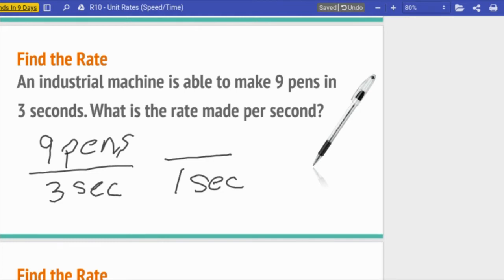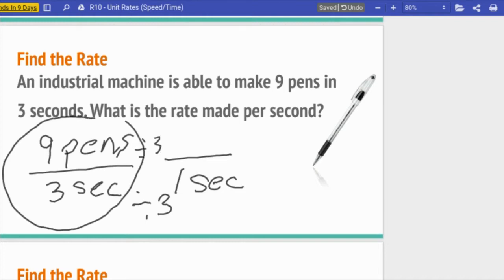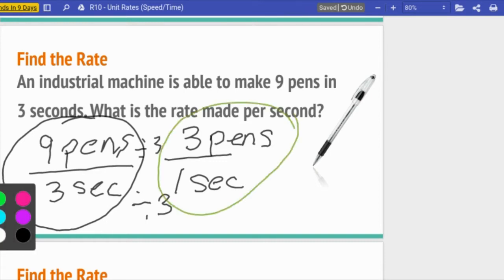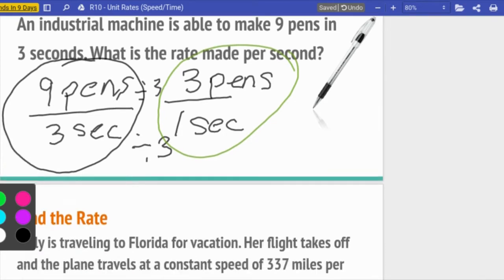So we need to divide by 3 in order to get to 1, which this rate tells us anyway. That's just 9 divided by 3. So 9 divided by 3 is 3. So they are making pens at a rate of 3 pens per second. So that is our rate per second.